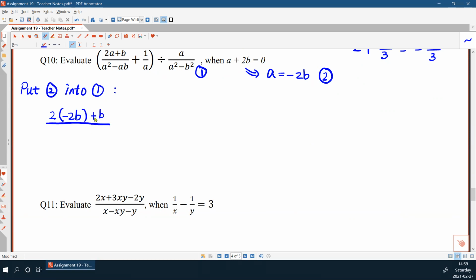Okay, over a square. A square is actually minus 2b squared, which is 4b squared, right? Okay, minus a times b, which is minus 2b times b, right? Okay, plus 1 over a, which is 1 over minus 2b.